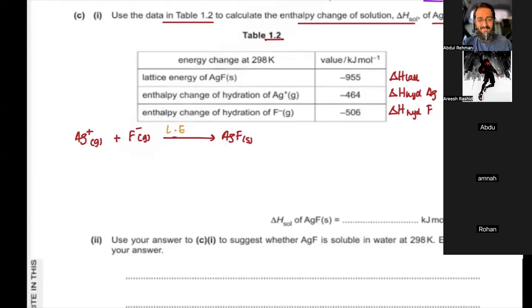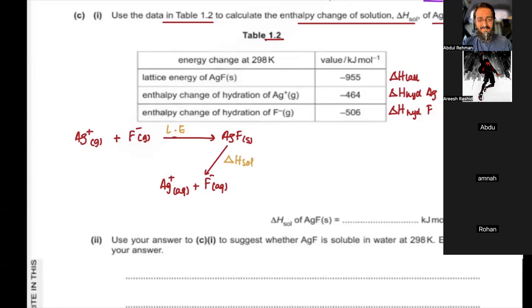Yes, we are going to use this expression, Shahir. If you don't remember the expression, they have given you the solution. You are going to take the ions in the aqueous state over here. When the silver fluoride dissolves to give the aqueous solution, that is the enthalpy change of solution of silver fluoride.